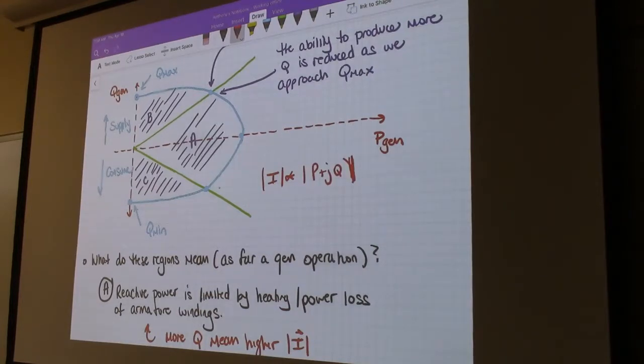So if P goes down significantly, then that's going to alleviate, regardless of how high the Q value gets, the armature winding problem. So when you go from A to B, your P is coming down, your Q is going up, the problem of the armature winding goes away, the problem of the field winding heating emerges.